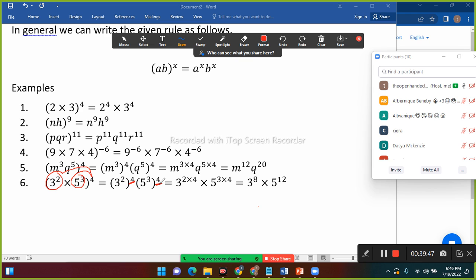Now remember the rule from yesterday: if we have one power on the inside and one power on the outside, we multiply the powers. So we have 3 to the power of 2 times 4, and 5 to the power of 3 times 4. 3 times 4 is 12, and 2 times 4 is definitely 8.